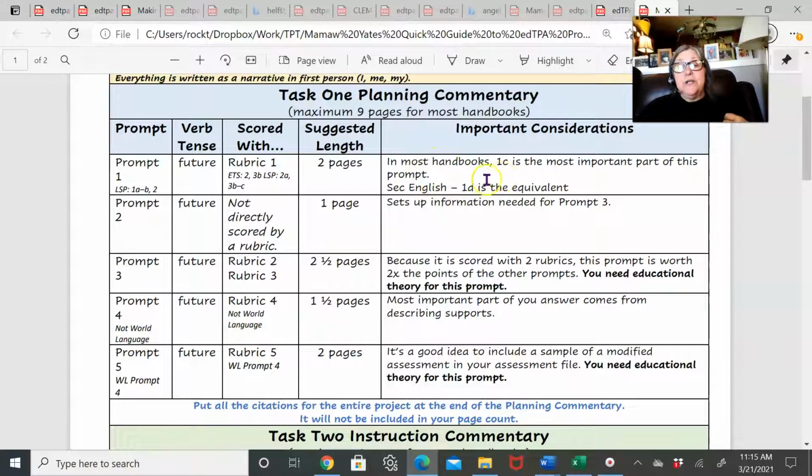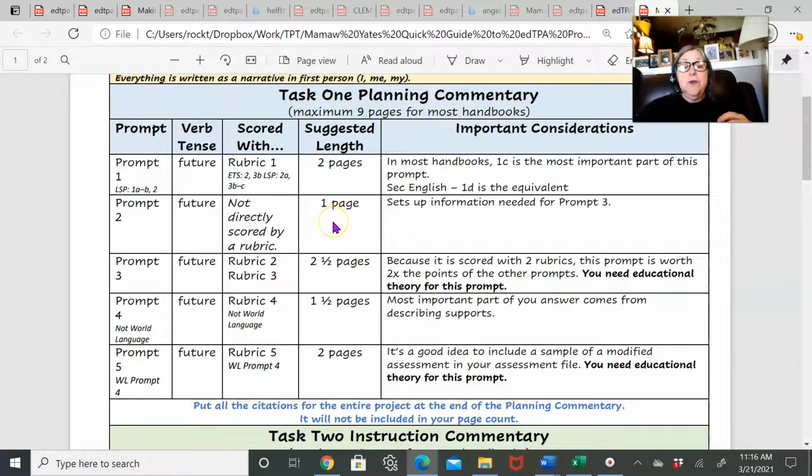Secondary English, your 1C is 1D. So everybody kind of needs to check. We're talking about the rubric that basically talks about how your lessons build on each other. I find that the average length for that should be at least 2 pages for that entire prompt, with most of your emphasis on 1C or 1D.